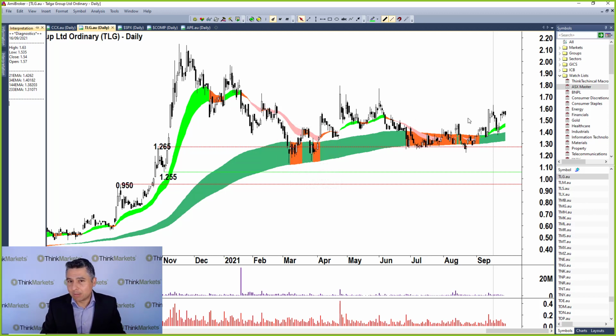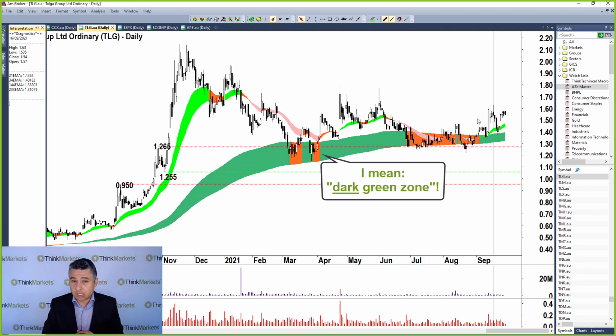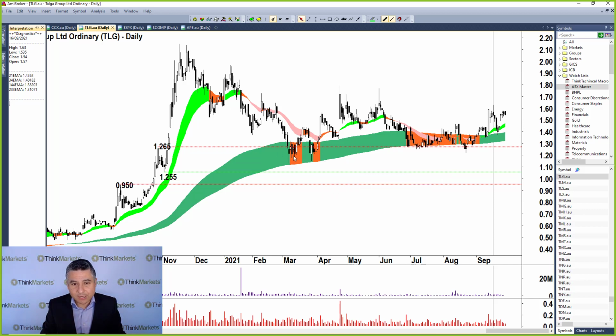And it takes them many, many months to wash out of the stock, take their hit, learn their lesson and move on. But what's important is that the demand from the true believers, the real long-term players here, is still there, and they're accumulating that stock, and that'll manifest itself in this light green zone holding.